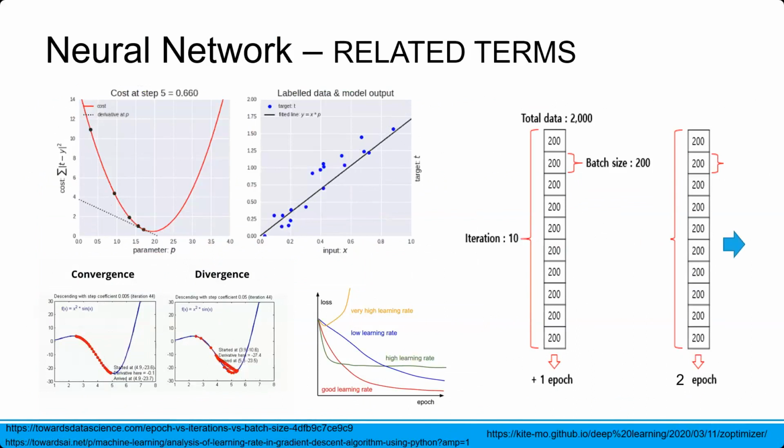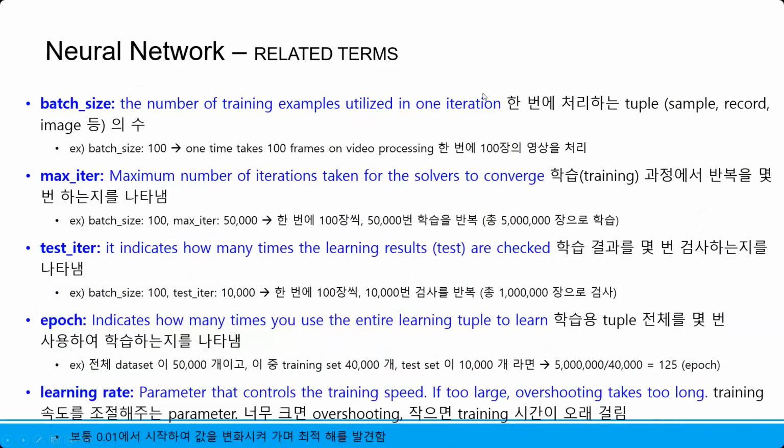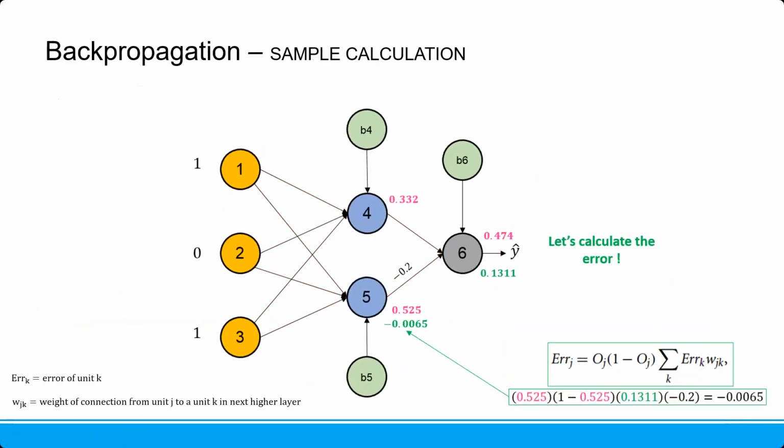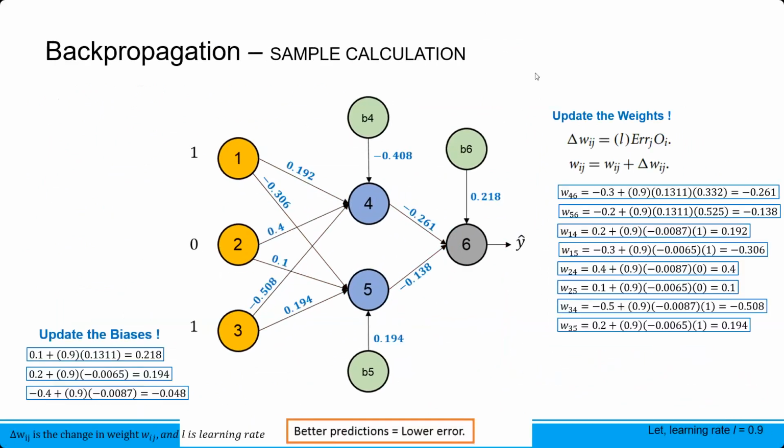So we need to have the proper value of the learning rate. Usually, like I mentioned to you, the learning rate is 0.01. But for this example, just for easy calculation, let me use a learning rate of 0.9.